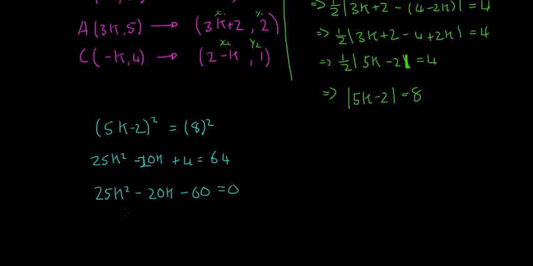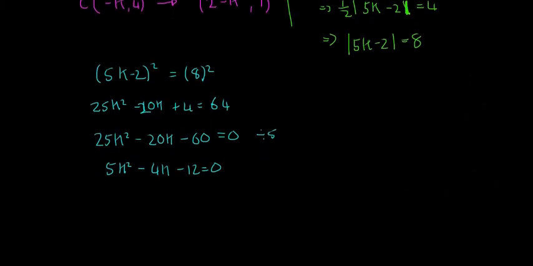So we're going to divide across by 5 just to get the numbers down a little smaller. If you divide by 5, we'll get 5k squared minus 4k minus 12 is equal to 0. You can't do that one in your head. It turns out you can't even factorize it.